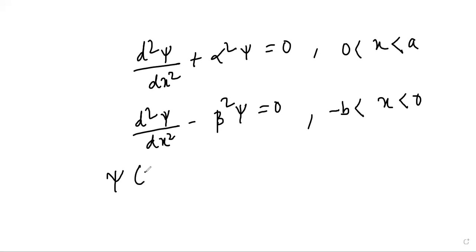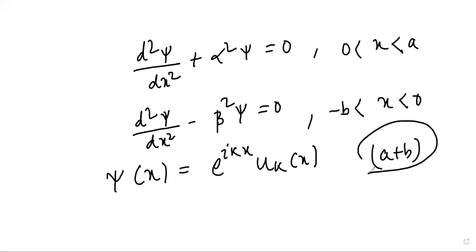So we can write psi of x is equal to e to the power ikx uk(x), where uk(x) is the periodic function with periodicity of a plus b. This is the periodicity of this Bloch function uk(x).